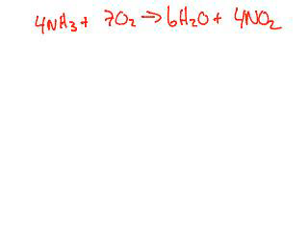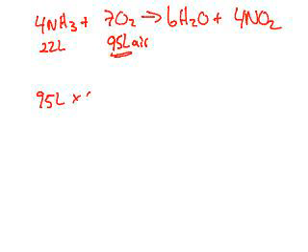Now what do I know? I know that I've got 22 liters of ammonia with 95 liters of air. Now that's air, so we've got to actually do a little mathematics. Only 20% of air is oxygen, so 95 liters times 0.20 is equal to 19 liters.